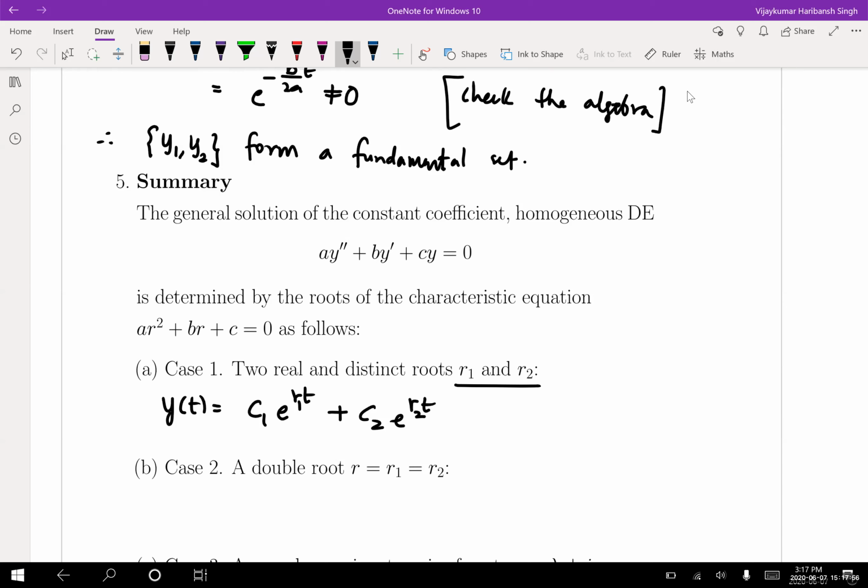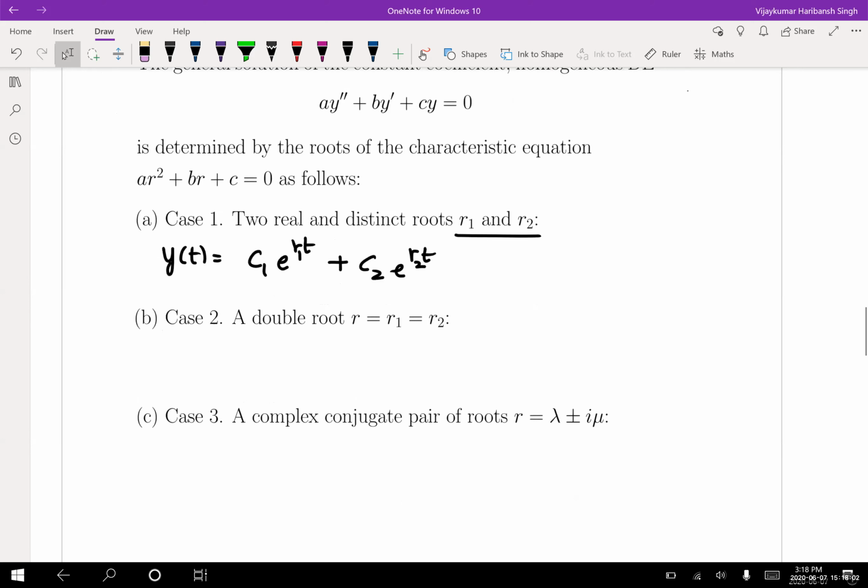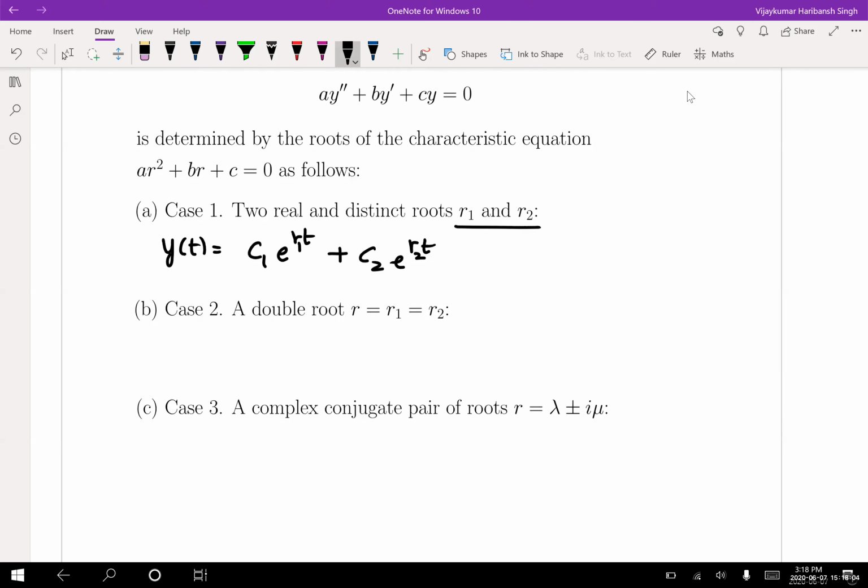These are the superposition of these two solutions. Now, suppose we have a double root, then y(t) equals C1 e to the power Rt plus C2 times t times e to the power Rt, where I call the root R because R1 and R2 are the same. So you see this is an extra multiplication by t.